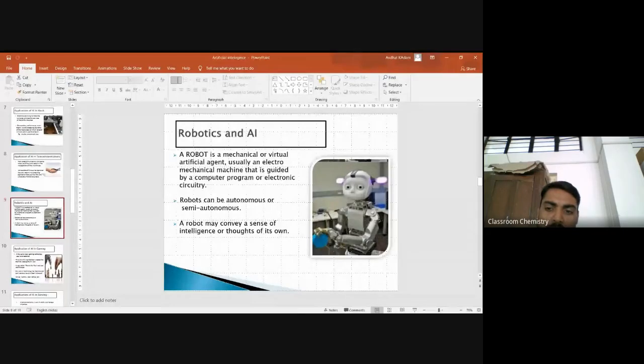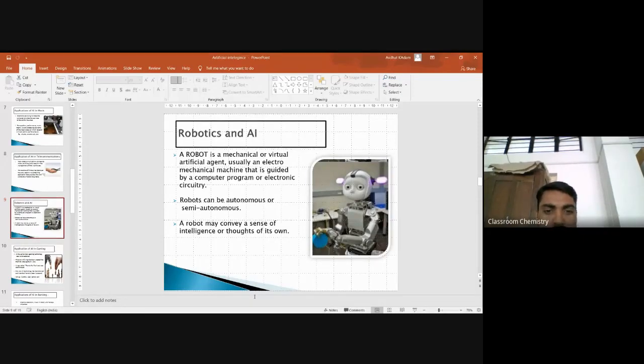And as you are students of chemistry, then again you are under the control of the Department of Chemistry. It is autonomous. Robots can be autonomous, fully controlled, but there are semi-autonomous robots we observe in the robot movie. They try to make it autonomous, but semi-autonomous.